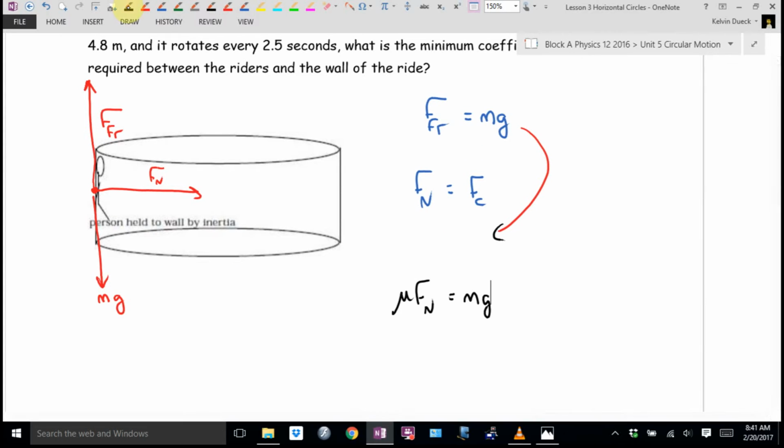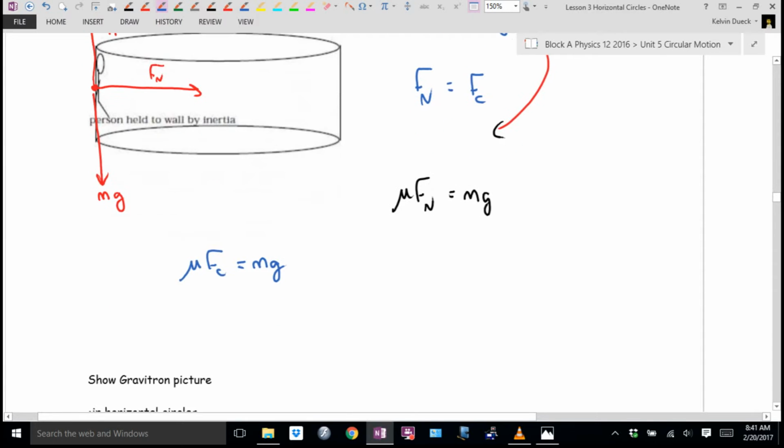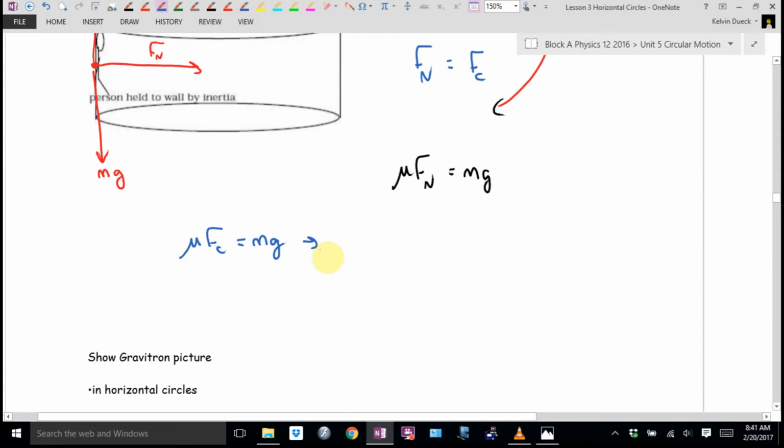So I can now say mu Fc equals mg. What's Fc? Well, that's going to be mu m a c equals mg. Because centripetal force is always ma, when you're moving in a circle.